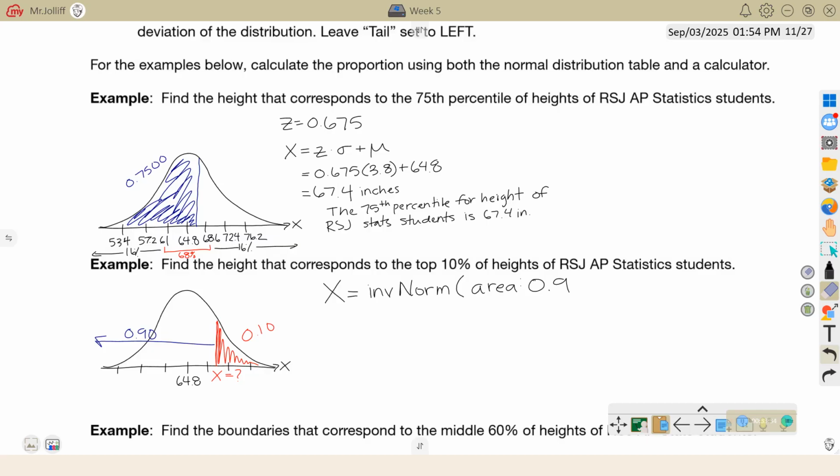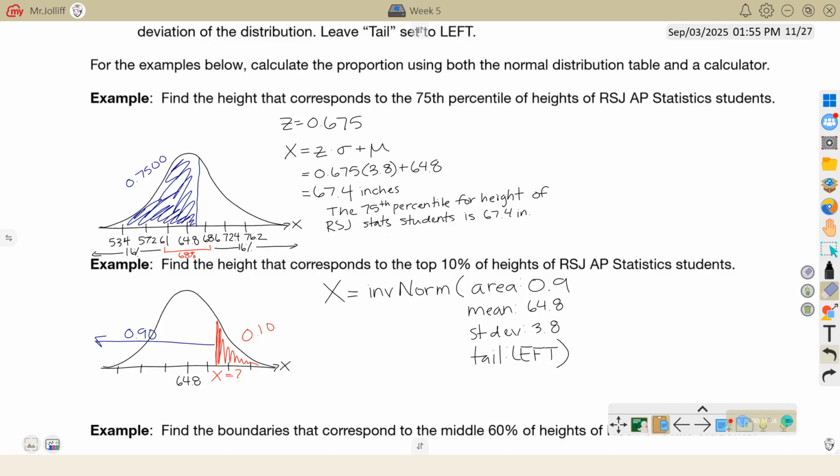It also asks for mean and standard deviation. We know that. And then the last thing it asks us for is tail, and we're going to leave that set to left. Left makes us happy.